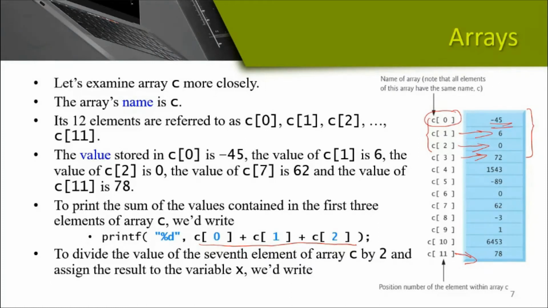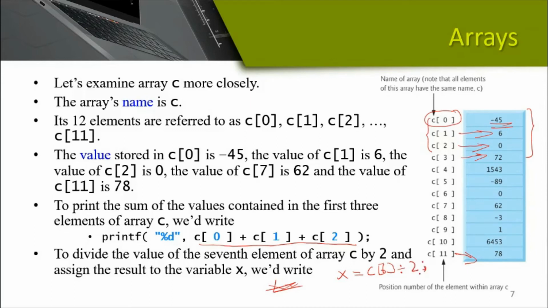If you want to divide the value of the 7th element of array C by 2 and assign the result to the variable x, then what will we write? So x equal to the 7th element of the array. The 7th element is C6, divided by 2.